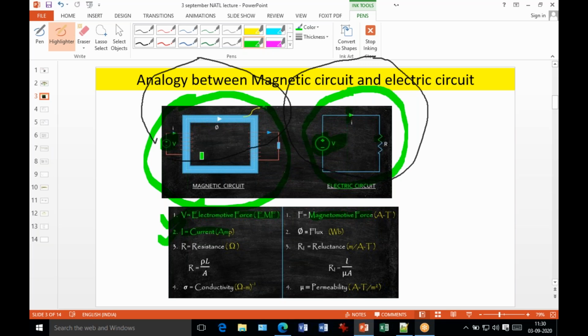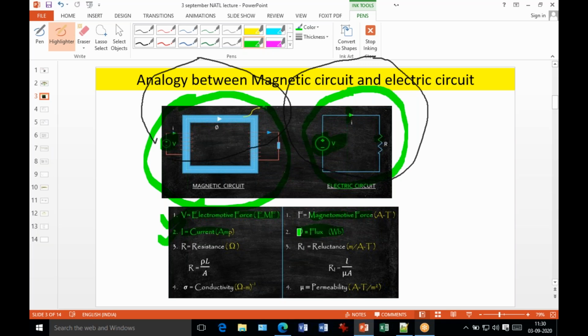But in the magnetic circuit, the current role is played by the flux. So here current is not available, only flux is available. So the current is like a flux in the magnetic circuit. So that is a similarity.